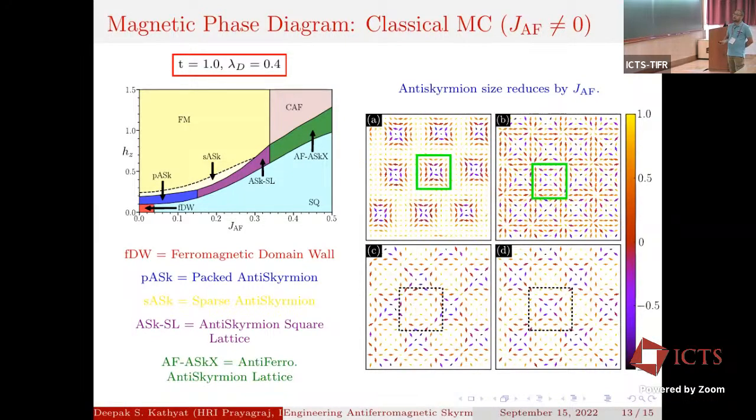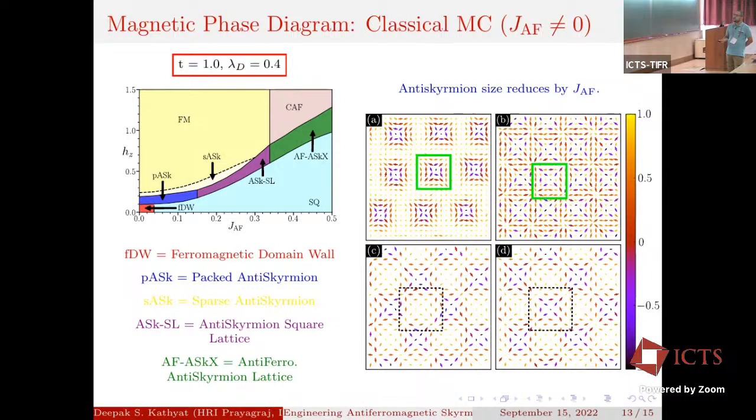In our effective spin Hamiltonian there were three terms, and there is another term, JF. This JF term competes with the isotropic Heisenberg term, which results in this packed antiskyrmion state for low values of JF. We also observed that in this region of the phase space, as we increase JF, the skyrmion size decreases, which means that JF acts as an additive factor to the spin orbit coupling also.